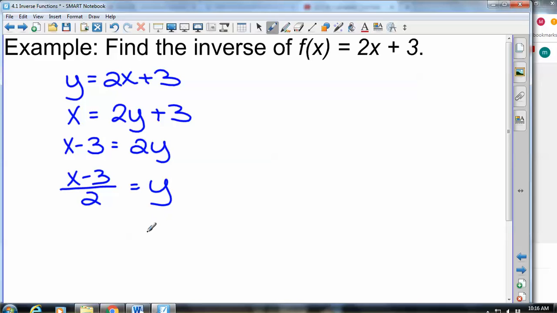Okay, now instead of y, we write f inverse of x.